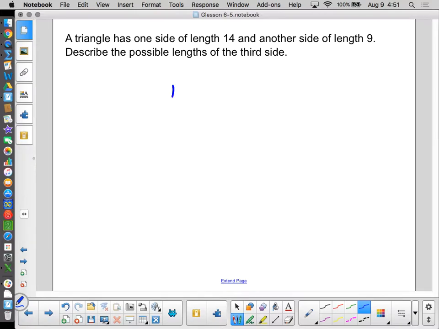The two sides I have are 14 and 9, right? That's what we're given. So my third side must be in the range. My third side, I'm going to call X, must be in a range where the lowest number possible is the difference of these two numbers.